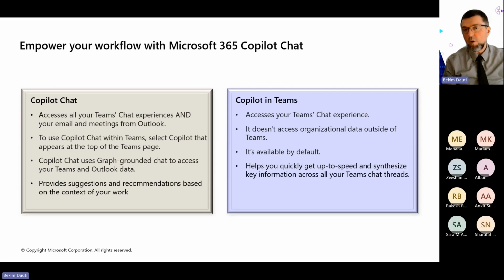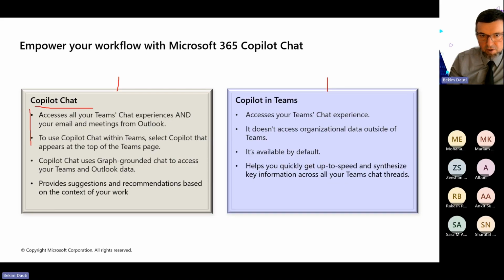Of course, I can go along and establish a chat with the Copilot. But let's make some differences over here with this one and this one over here. Then I'm going to be presenting that one to you as well. So we have the Copilot chat and we have the Copilot in Teams. Very specifically, the Copilot chat can access all your Teams chat experiences and also can access the email and meetings from Outlook.